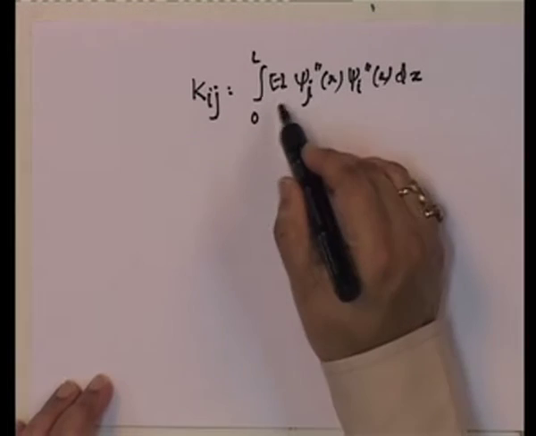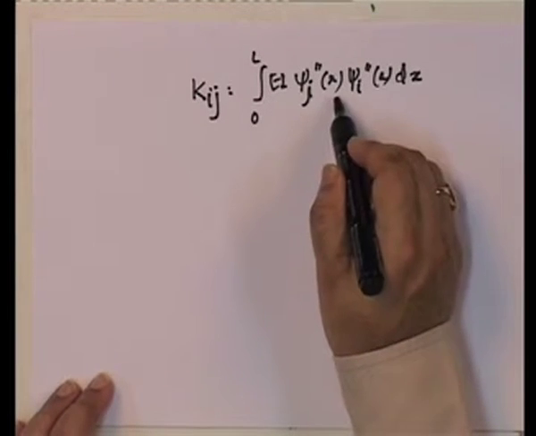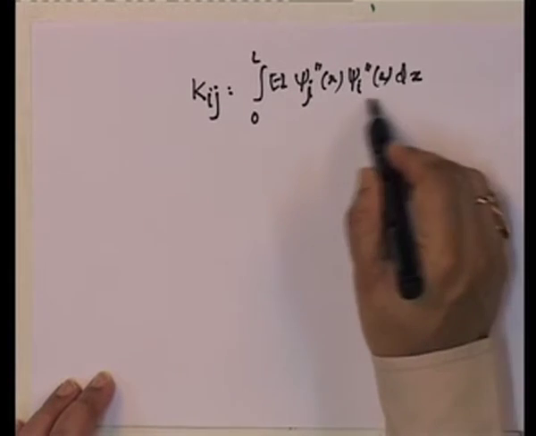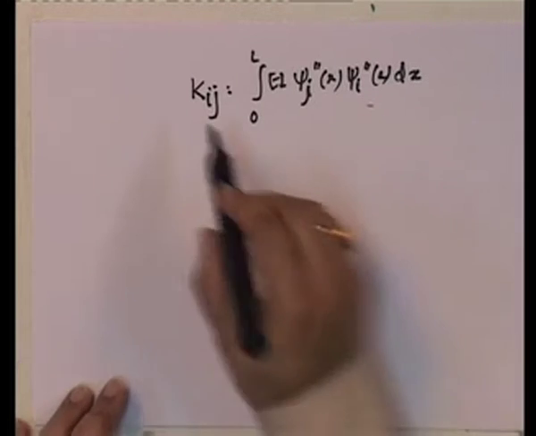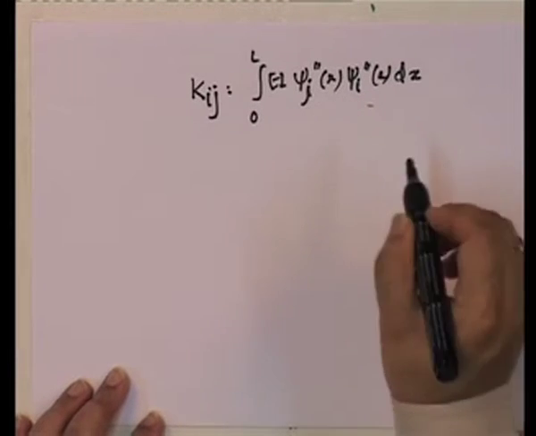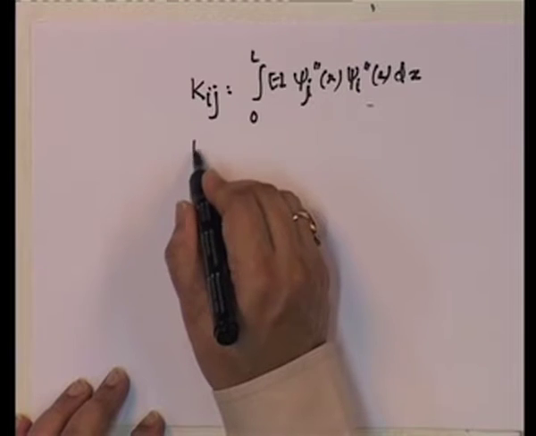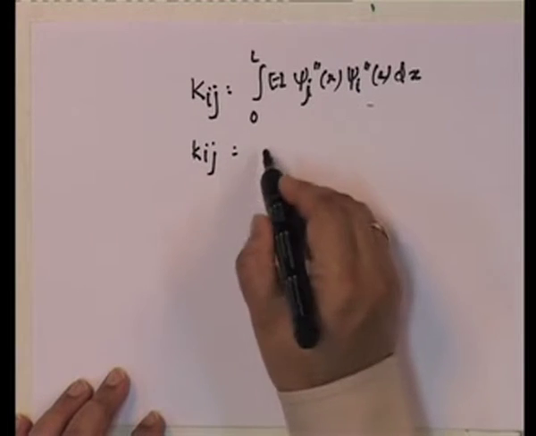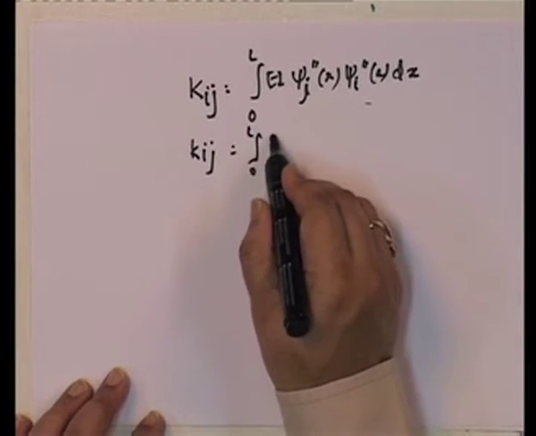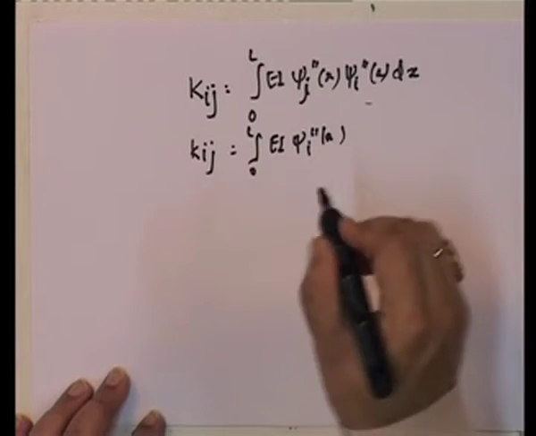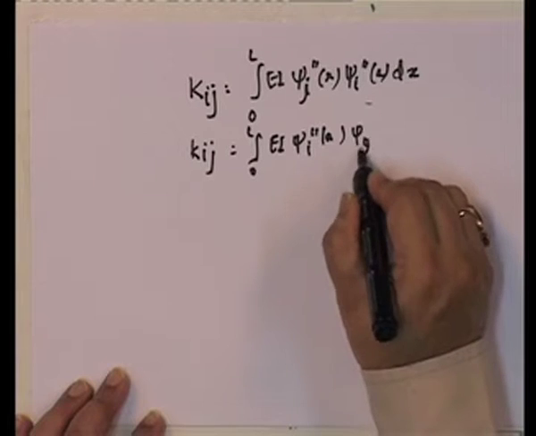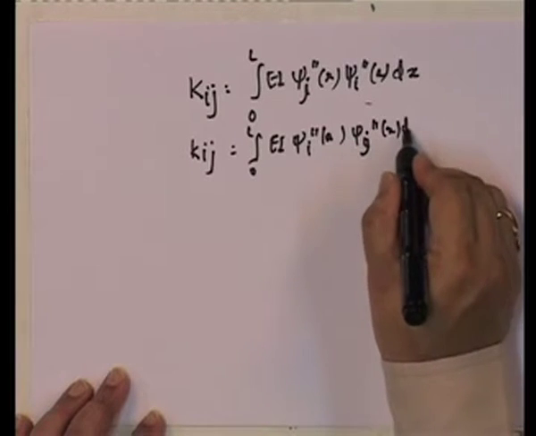Now, note that this one represents m x and this one represents the virtual quantity. So, k I j is actually this, equal to the integral from 0 to L. Here the real moment is given by this, and this is the virtual displacement.